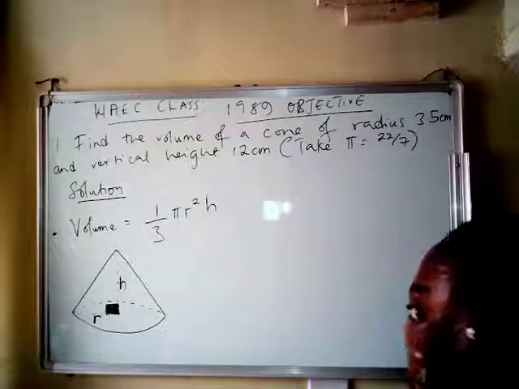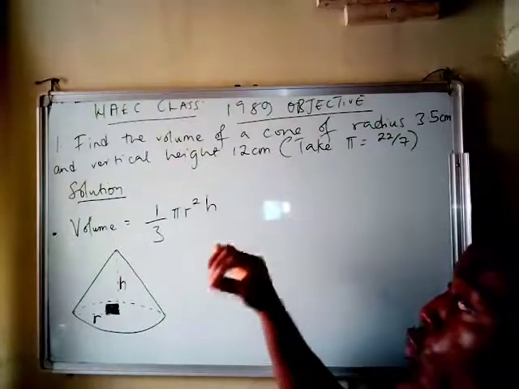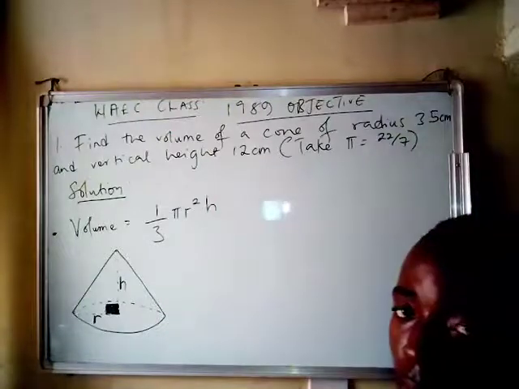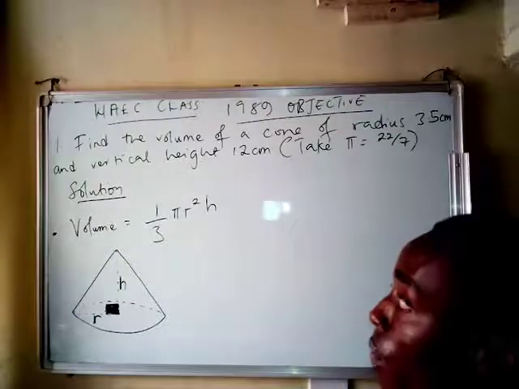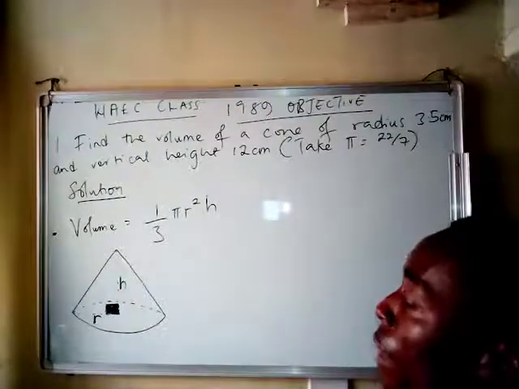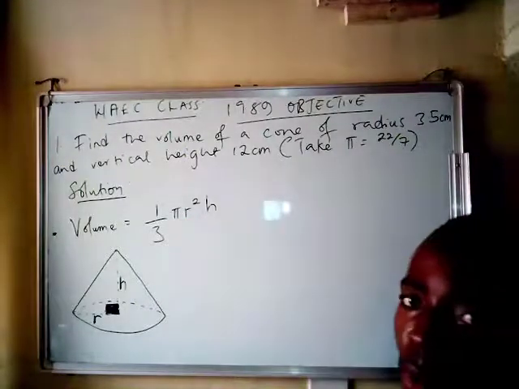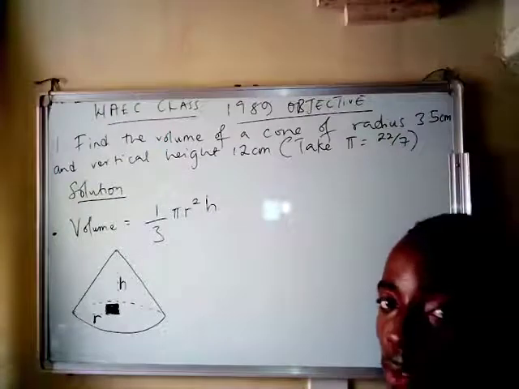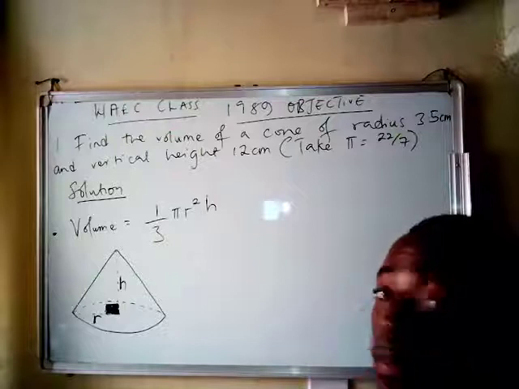Now if you look at that, you have 1/3 pi r square h. 1/3 pi r square h. Now if you look at this, pi r square, what does it remind you of? If you say area of a circle, then you are very correct.